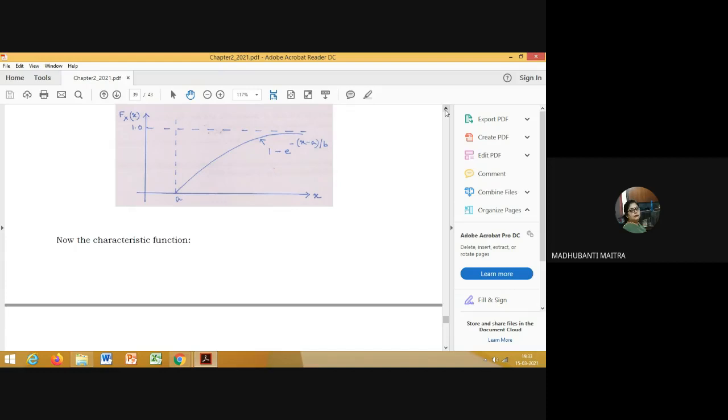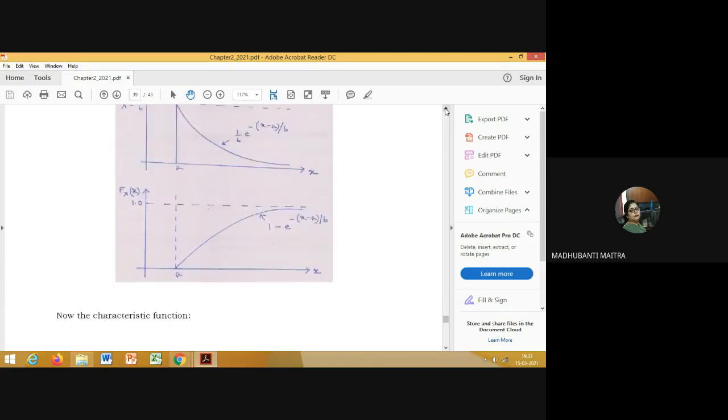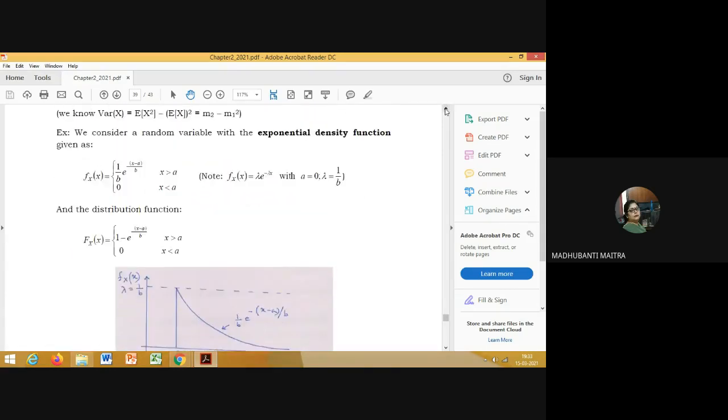You know the density function, from that form the characteristic function, and find out the mean and the variance.